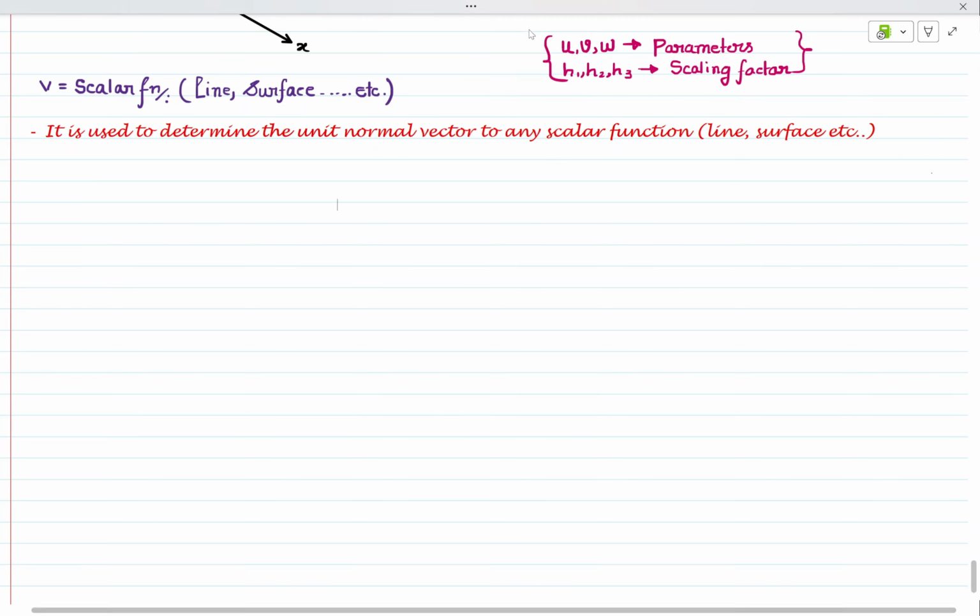Now the unit normal vector means that is actually your an.